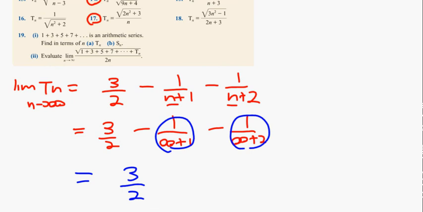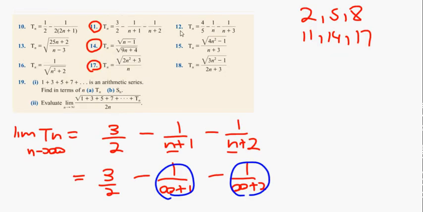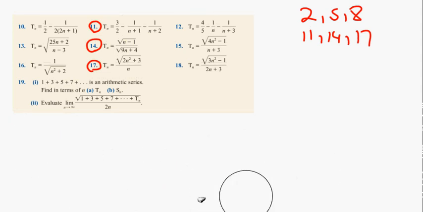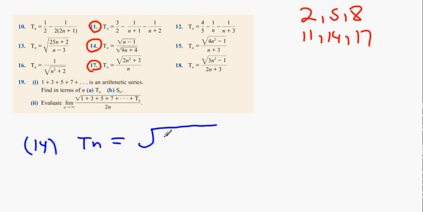Now the next one is question 14. It's going to be Tn equals the square root of n minus 1 divided by the square root of 9n plus 4.